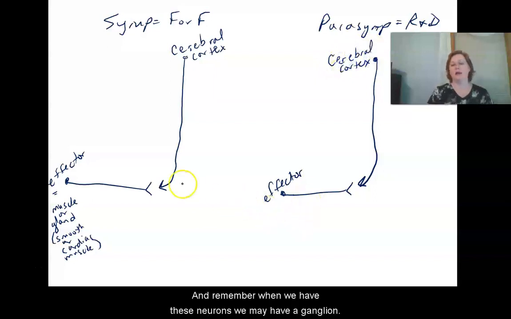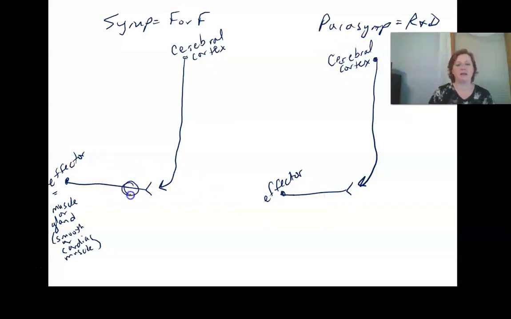And remember, when we have these neurons, we may have a ganglion. We will have a ganglion here, where the cell bodies are in these peripheral nerves. So this is a ganglion.